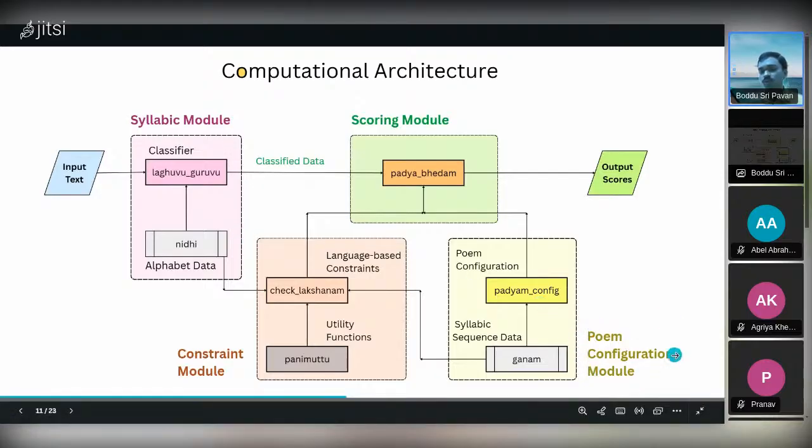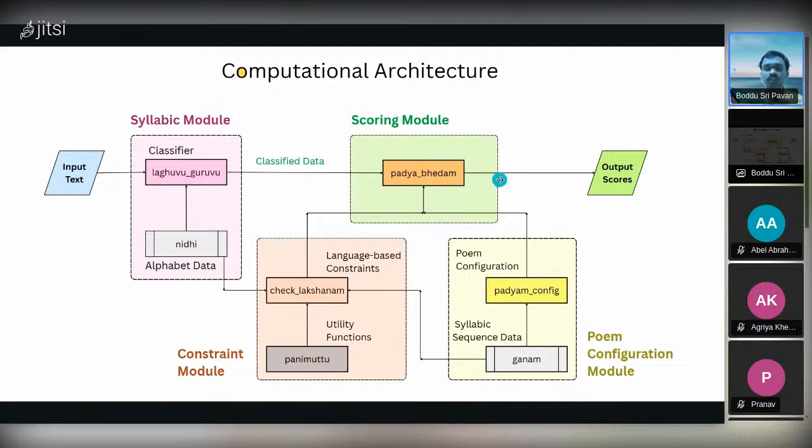This can be used to configure each poem so that predefined configurations can be used in the scoring module. The scoring module is an aggregator that takes input from the syllabic module, that is the light versus heavy classified tokens, the language constraints, and the poem configurations. It implements the scoring and computes scores in the 0 to 100 range. We'll be exploring each module in depth.